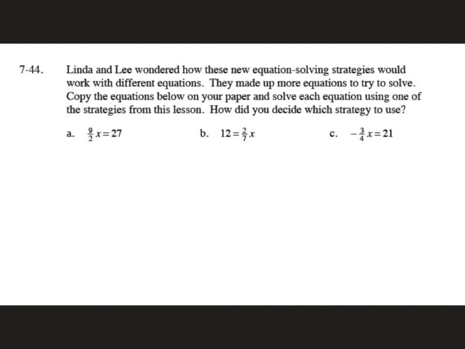So if you recall the previous problems that I had, 3x, how did I get 3x to equal 1? Well, I divided it by 3. So in this case, I would take 9 over 2 and divide it by 9 over 2. Okay, but when I divide fractions, I actually have to change it into multiplication.